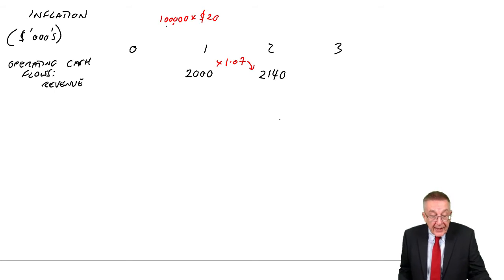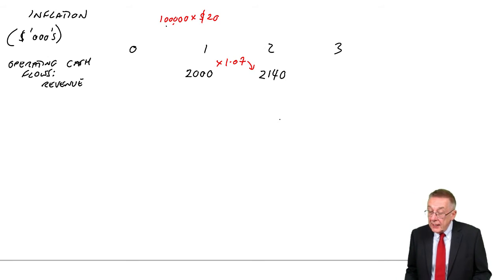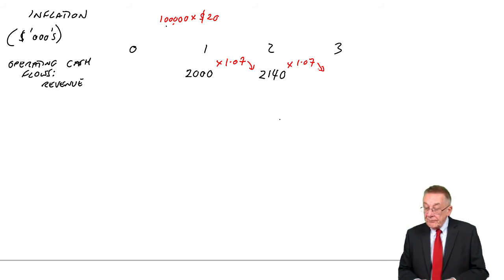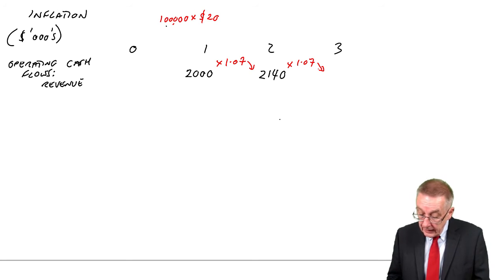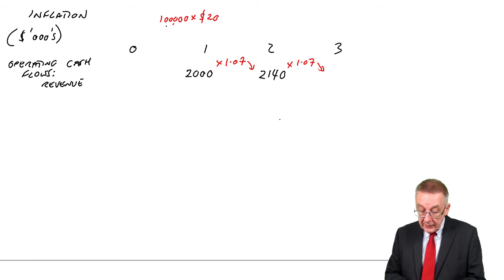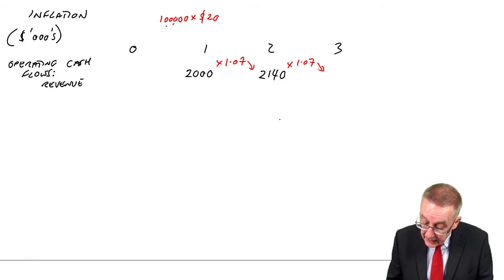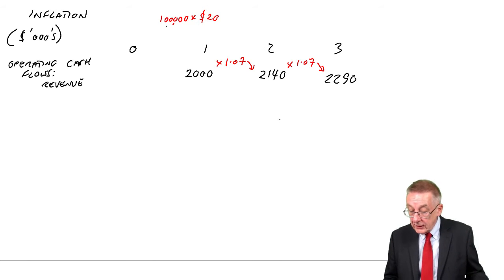And we expect it to go up by 7% per year. So surely in the third year, we need to increase by another 7%, or multiply by 1.07 again. 2,140 times 1.07, working to the nearest 1,000, I get 2,290.